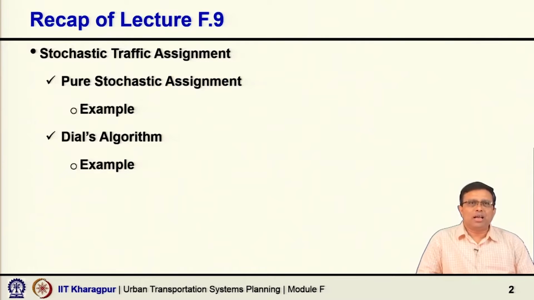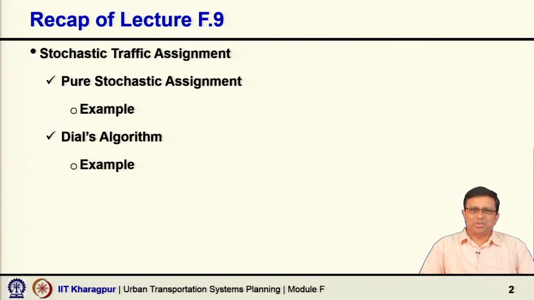In lecture 9, the last lecture, we discussed stochastic traffic assignment: why we need to consider the stochasticity, the perception error, the variability in the perceived travel time or travel cost, and the use of multiple paths because of this perceived variability.